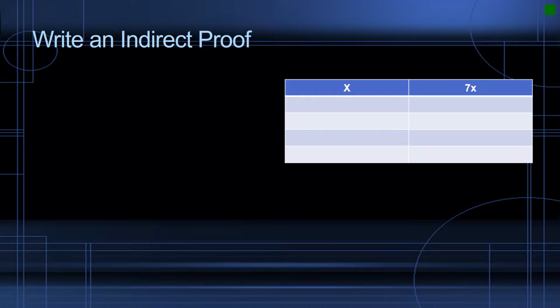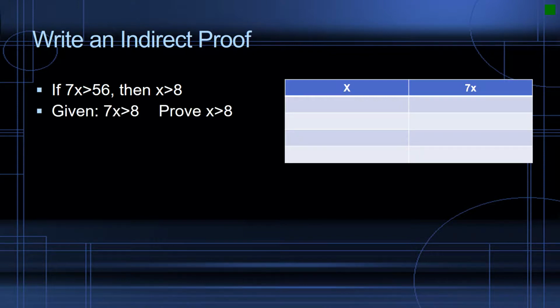So we're given a statement here that if 7x is greater than 56, then x is greater than 8. So our hypothesis, our given, is that 7x is greater than 56. We're trying to prove that x is greater than 8, but we're going to do that by using indirect proof.